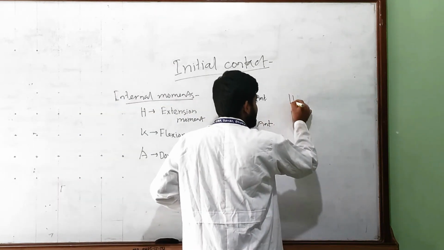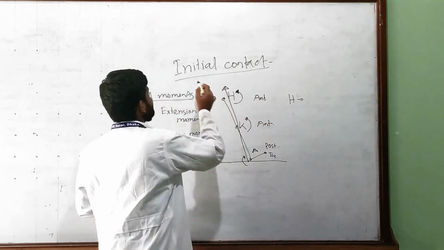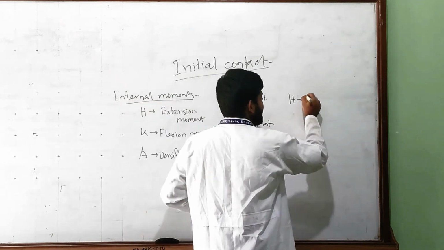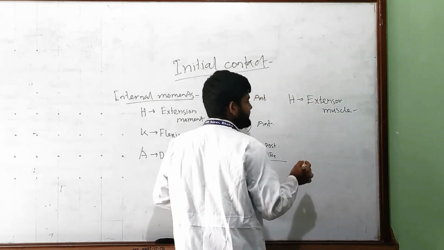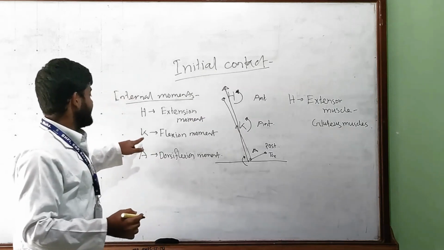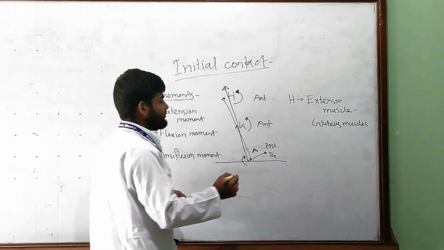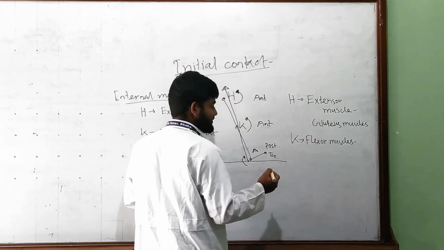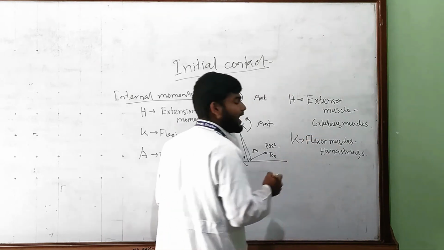So for the hip, the main muscle working in initial contact is the hip extensor muscle, which is the gluteus muscles. Same for the knee, we have flexion movement, so the knee flexor muscles, which are hamstrings.